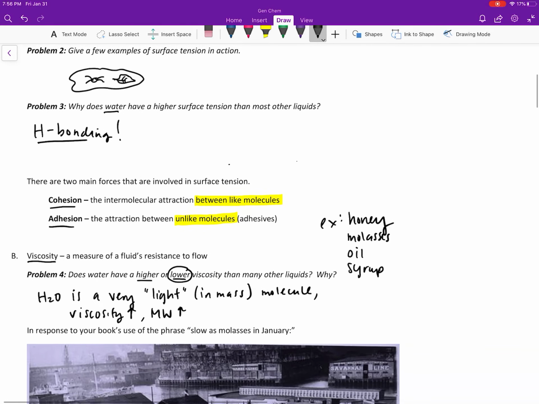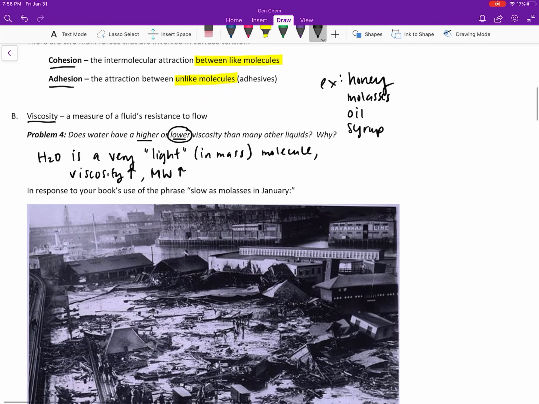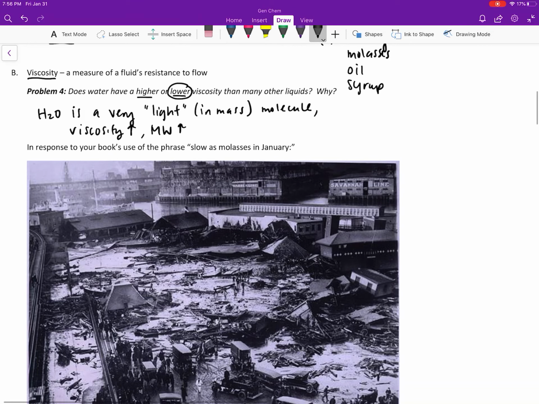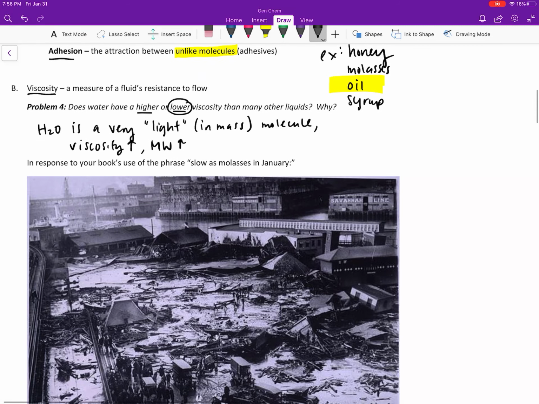We gave a few examples. We said why. Then we talked about cohesion and adhesion. Viscosity, this was the quiz question: the reason why you warm your car up is because as the temperature increases in your car, the temperature of the oil also increases, and therefore the viscosity of the oil goes down and it runs smoother.